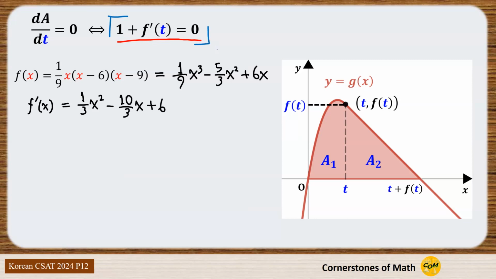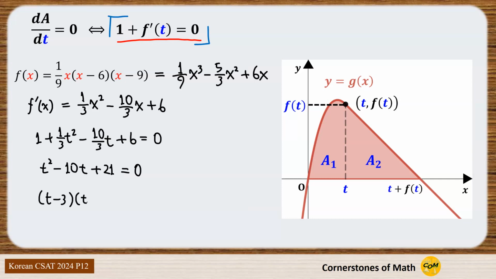Therefore, this condition can be written as 1 plus 1/3 t squared minus 10/3 t plus 6 equals 0, which rearranges to t squared minus 10t plus 21 equals 0, which is factored into (t minus 3)(t minus 7) equals 0. And since t is greater than 0 and less than 6, t equals 3. Therefore, area A is maximum when t equals 3.